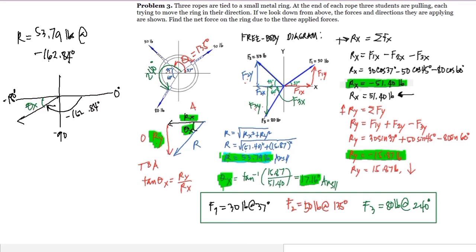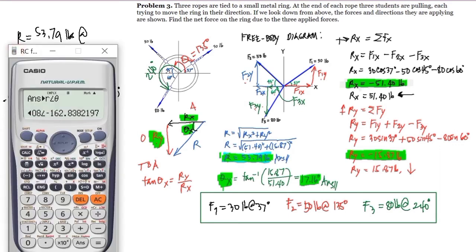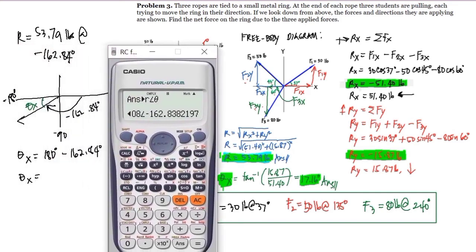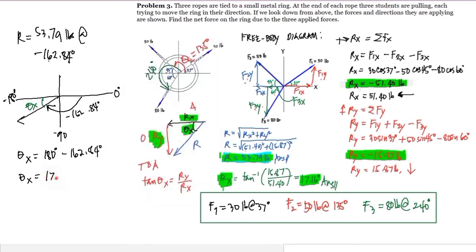So in order for us to solve for the theta x, we have theta x is equal to 180 degrees minus 162.84 degrees. Then theta x is equal to 180 minus 162.84. And we have here 17.16 degrees. And that 17.16 degrees, no, na theta is the same dun sa na-compute natin.